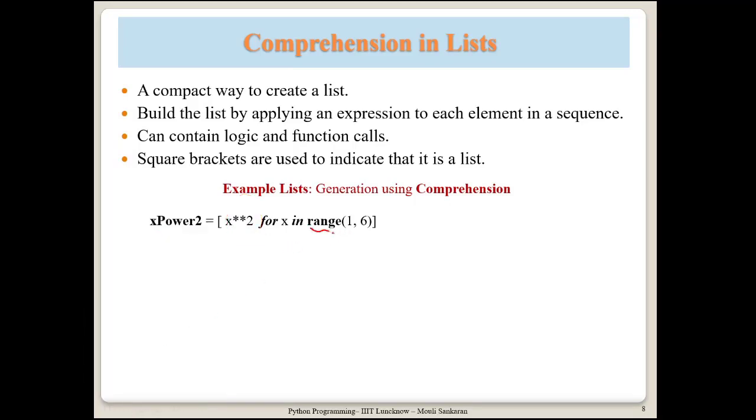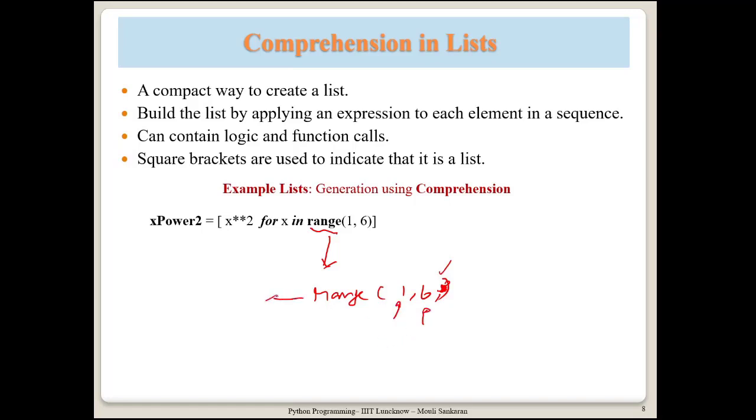Now this is a new one. I have not introduced it earlier. Range is a generator. It has got another element also, a step, similar to slicing, which defaults to 1. And it is inclusive, exclusive.